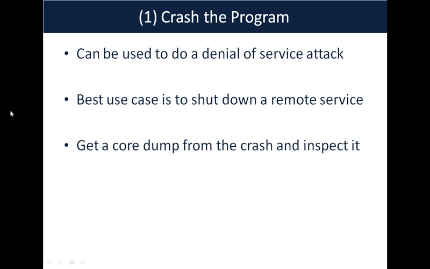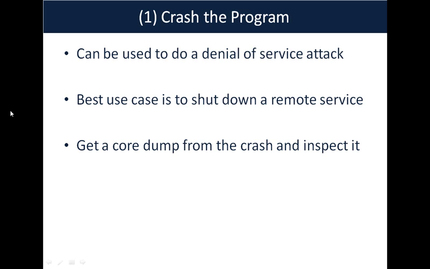Another application is that if you're a local user and you manage to crash a privileged process and the core gets dumped, then you could use that to inspect and gather more information, or even confidential data, if that daemon or process is holding it in memory.